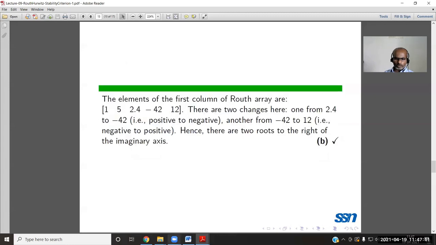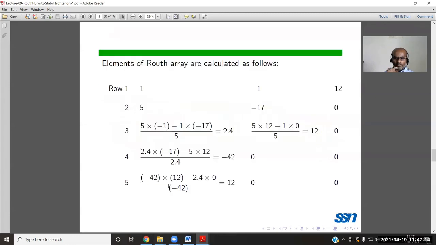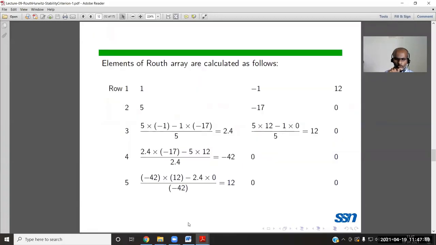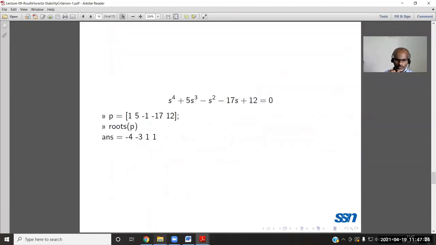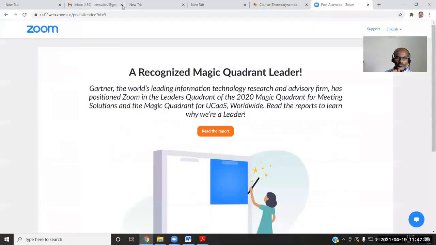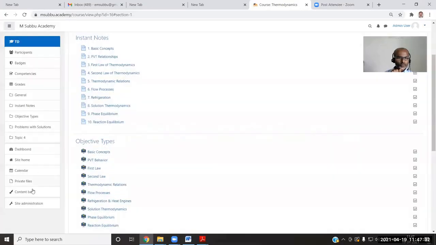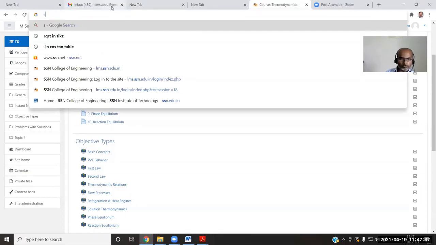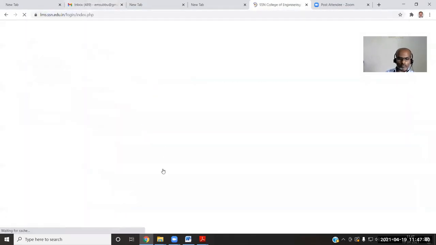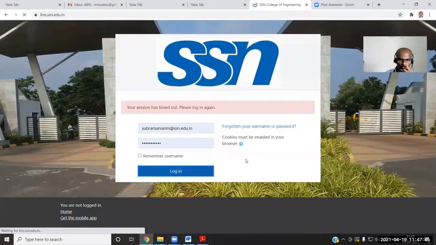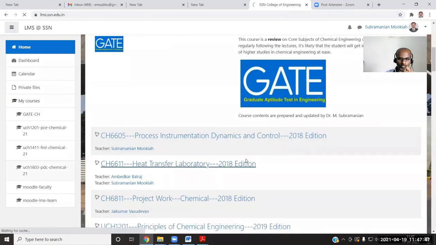Based on that, you can say about the stability. And another thing is about the entire rows turning to 0. What do we do? You have to take a derivative, and the Routh array of that derivative you have to take. No, I have given one idea, but I would... 1 minute, I will look for that thing in our LMS course. I'm looking for whether the entire contents are there in the PDC course page.